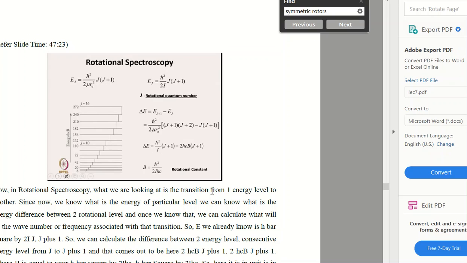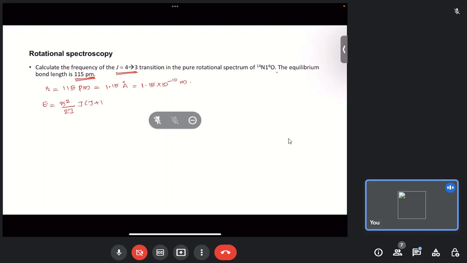We can also write it in terms of B value, but right now I am focusing on this particular formula. This is in joules. We have been asked to find the frequency, so we need to find how much it is in hertz.